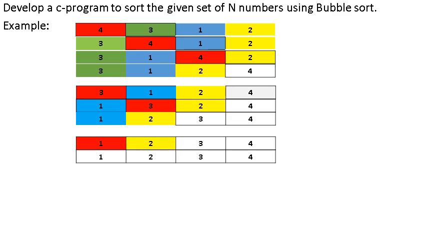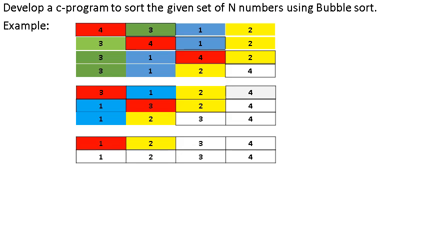First I'll start scanning the array elements from left to right. The first element is 4. I'll compare it with the adjacent element, that is 3. Since 4 is greater than 3, that means 4 and 3 are not in ascending order, so I swap 4 and 3. Now I compare 4 with the next adjacent element, that is 1.